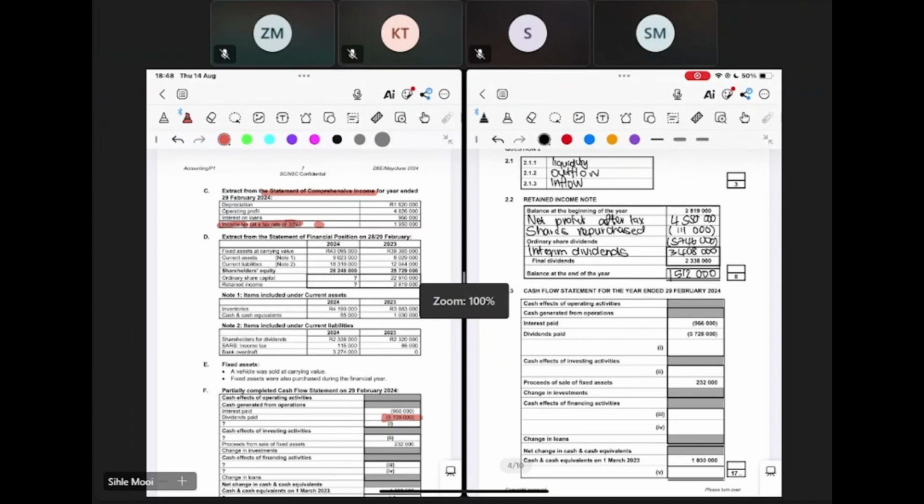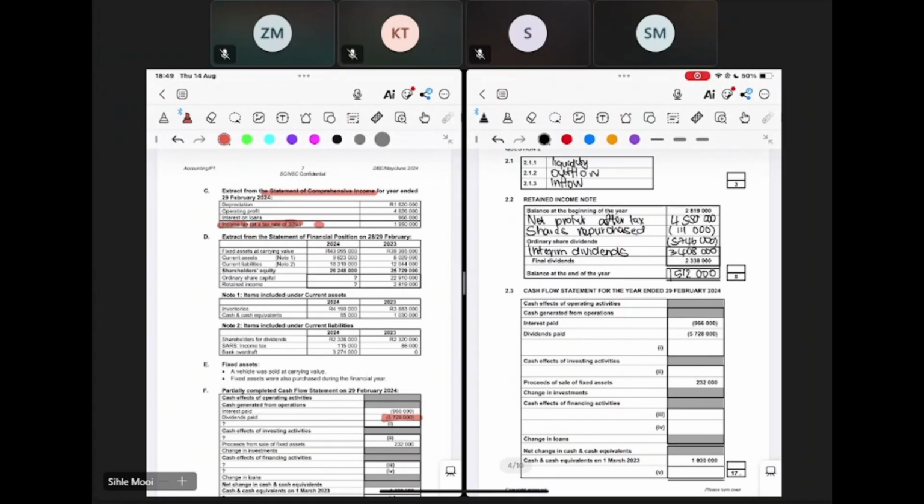So next question now, they want us to complete the cash flow statement because it's not complete. We don't need to calculate cash generated from operations. They've only calculated interest paid and dividends paid. So now there's something missing. Can someone either write in the chat or open their mic, what is missing in our cash flow statement under the operating activities?